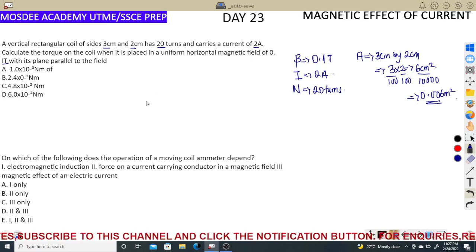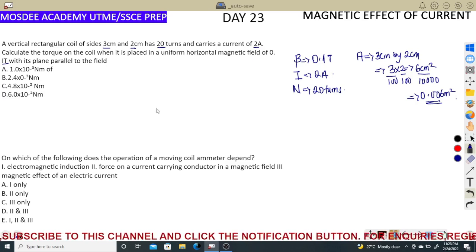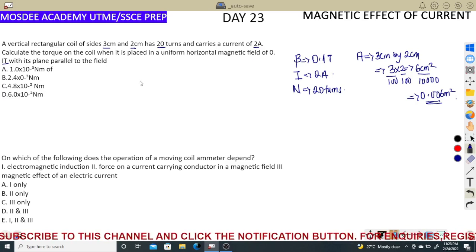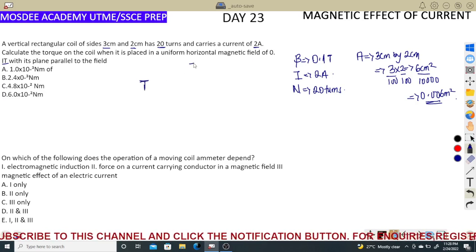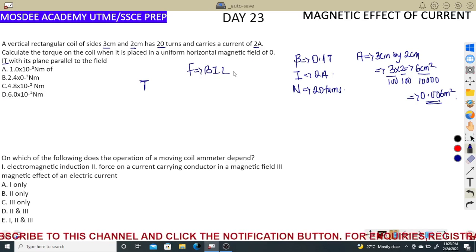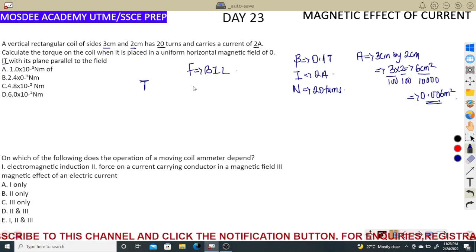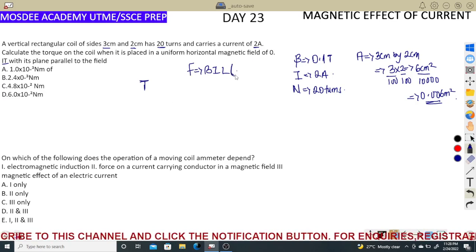Now, when we talk about the torque that is produced in the magnetic field, like I told you, the force on the magnetic field is given as BIL. Please note that. Now it is rotating, and when it is rotating, you introduce the number of turns.